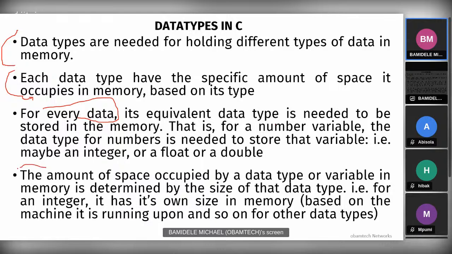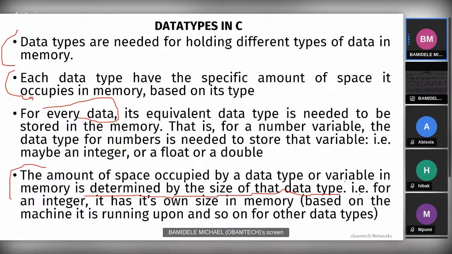Now, the amount of space occupied by a data type or variable in memory is determined by the size of that data type, as I have said before already.